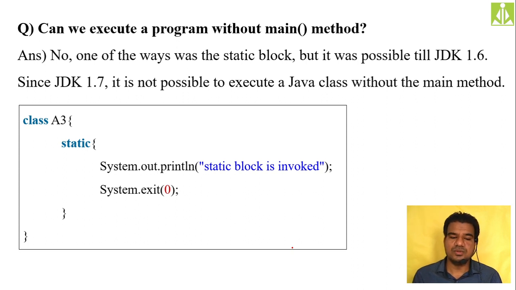So you just read out this answer. One of the ways was the static block. Without using the main method, one of the ways was the static block, but it was possible only till JDK 1.6. Till JDK 1.6 it is possible to execute your Java program without using the main method. So something like this, you need to write the code.